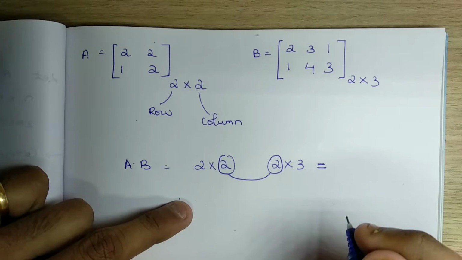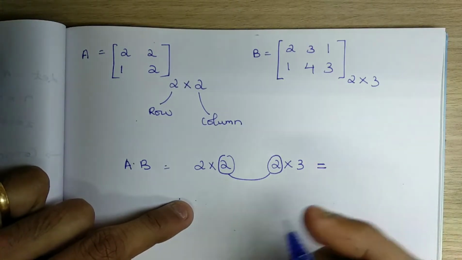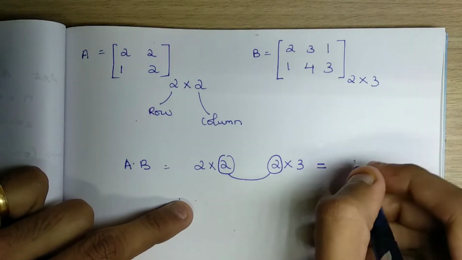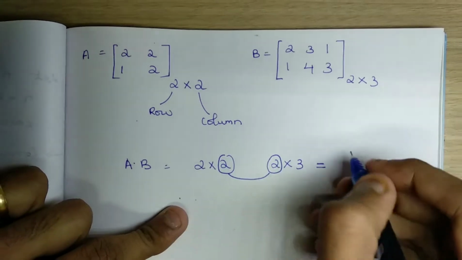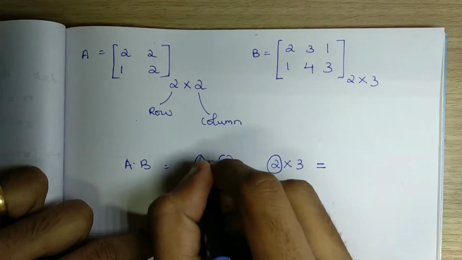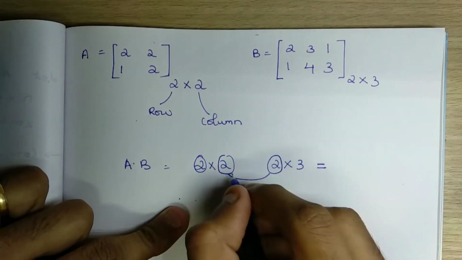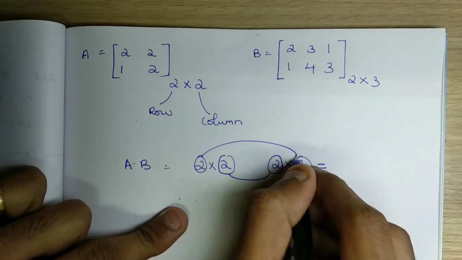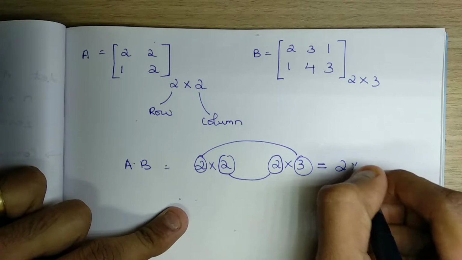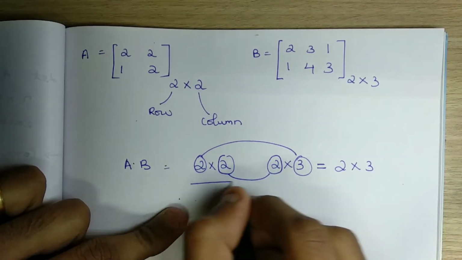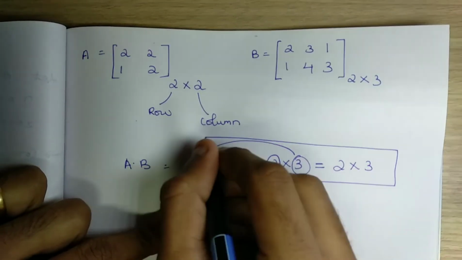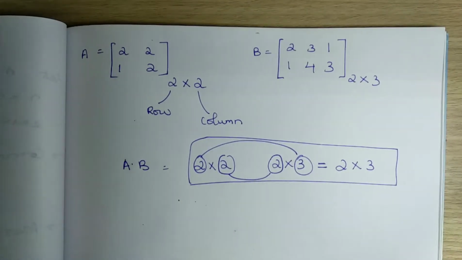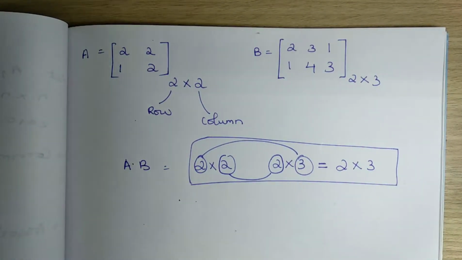And the order of the resulting A into B matrix would be 2 by 3. So you can use this to check your answer after the matrix multiplication.